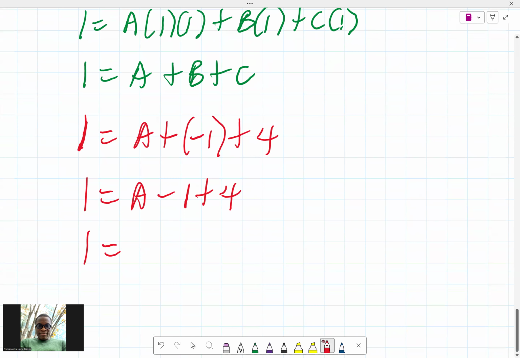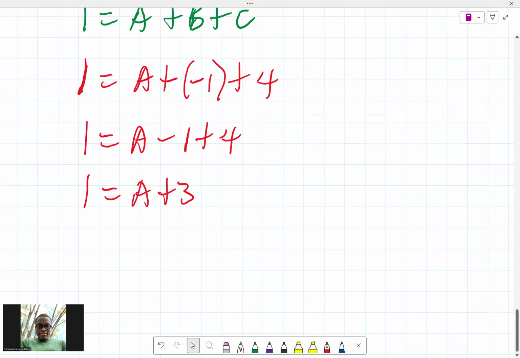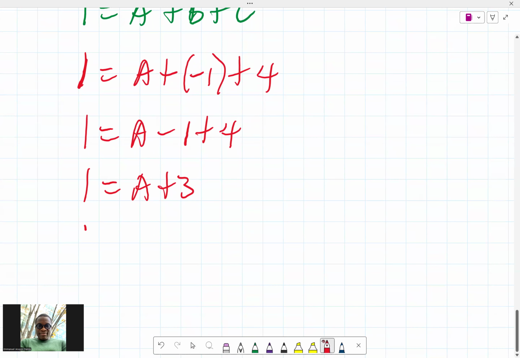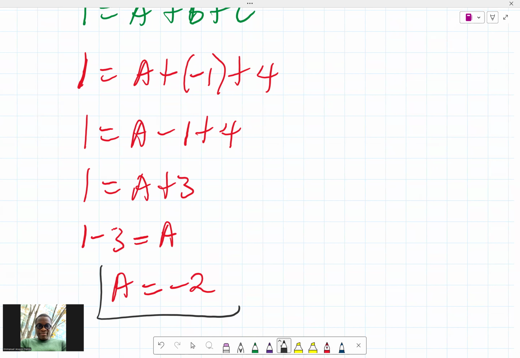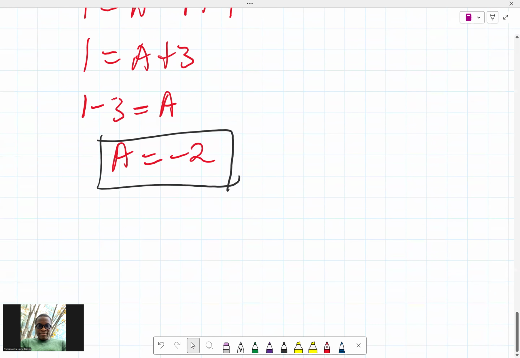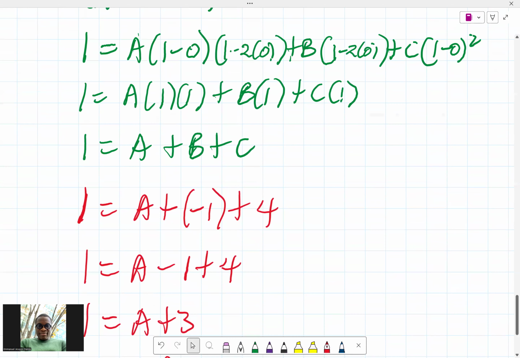Minus 1 plus 4 is plus 3. So 1 minus 3 is equal to a, so a itself is minus 2. So we can conclude that therefore a is equal to minus 2.